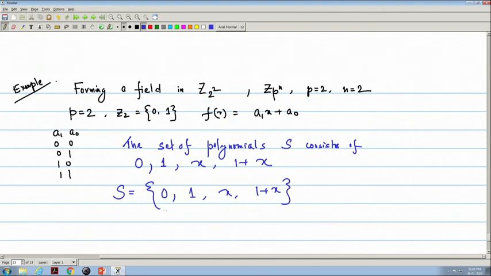Now, we remember that for coefficients, arithmetic will be under modulo 2 addition and multiplication.